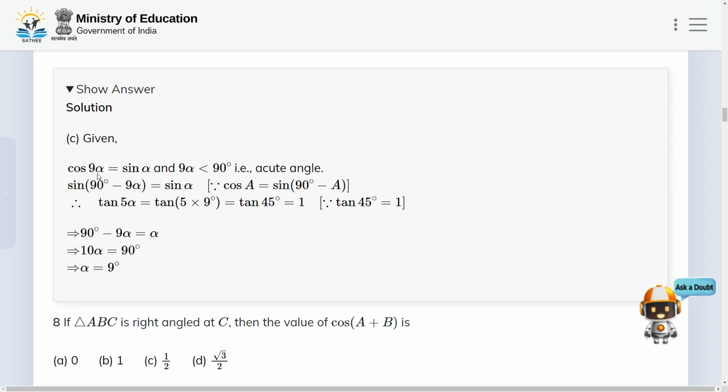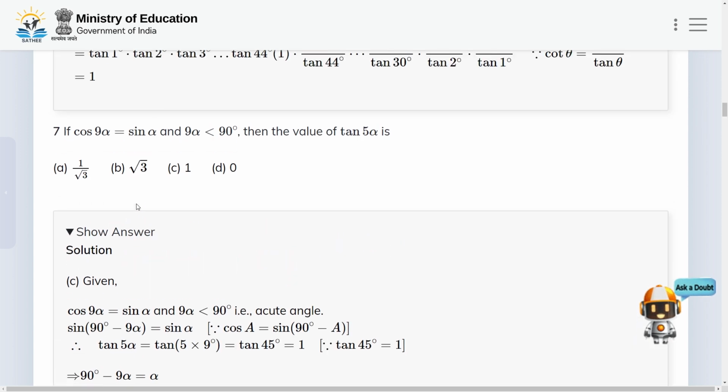Okay, and this is equal to sine alpha, and therefore tan 5 alpha, that is tan 5 into 9 degree, is tan 45 degree, which is 1. So this implies 90 degree minus 9 alpha is equal to alpha, and it implies 10 alpha is equal to 90 degree, and it implies alpha is equal to 9 degree.